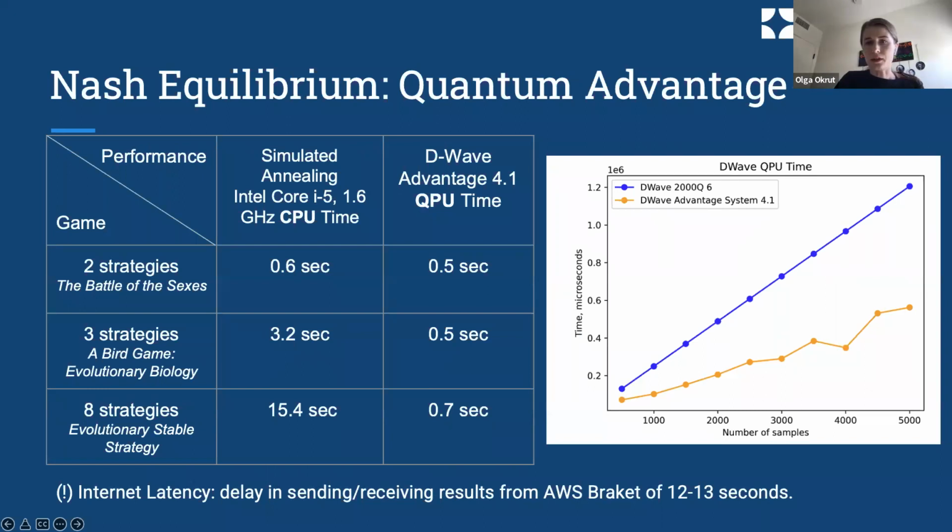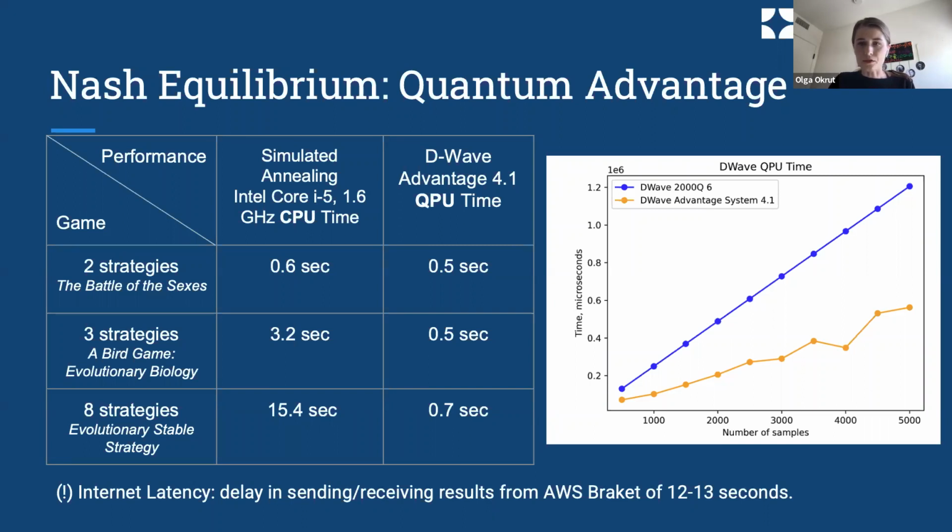The other question that we were interested to confirm or not is some kind of speed up in finding Nash equilibrium points for larger problems. In the table, you can observe a short summary of the algorithm execution as simulated annealing on a conventional computer with an Intel Core i5 CPU and on the latest graph topology QPU from D-Wave, the Advantage QPU.